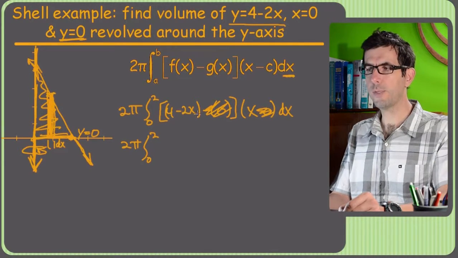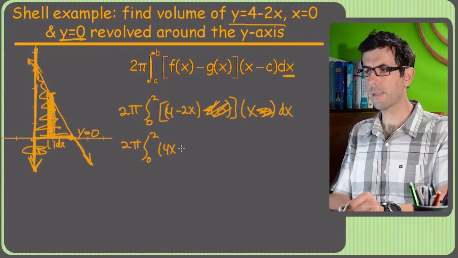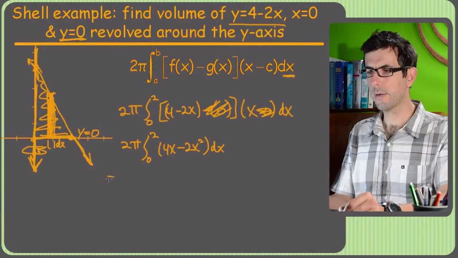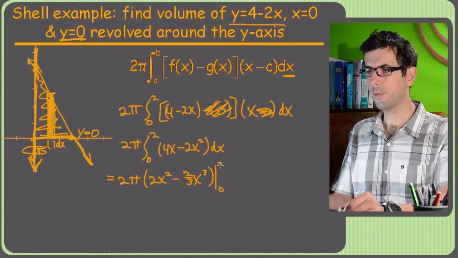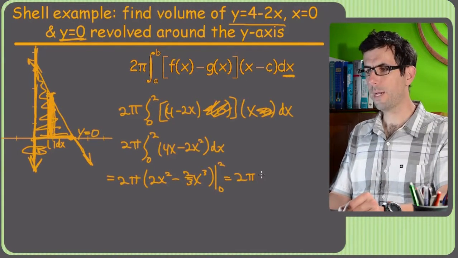So we've just got 4 minus 2x times x. So we got to FOIL that in. So we get 4x minus 2x squared dx. All right, so that's going to integrate to 2 pi. Integral of 4x is 2x squared minus 2/3 x cubed from 0 to 2. 2 pi.